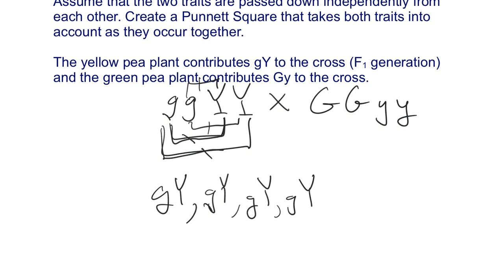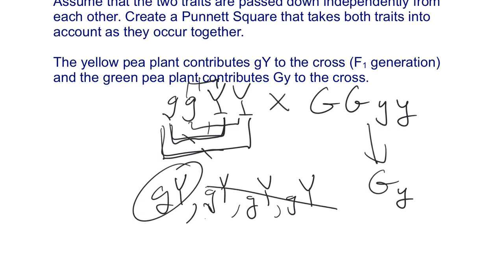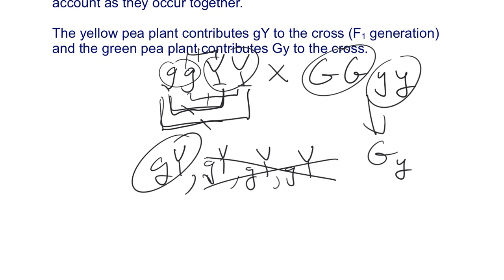Okay, and this one, I can just do the same thing. I'm going to take a shortcut. They're all going to be big G, little y. So when these two are the same, you know that the only gametes that will form will be little g, then big Y. I just transfer that thinking here.